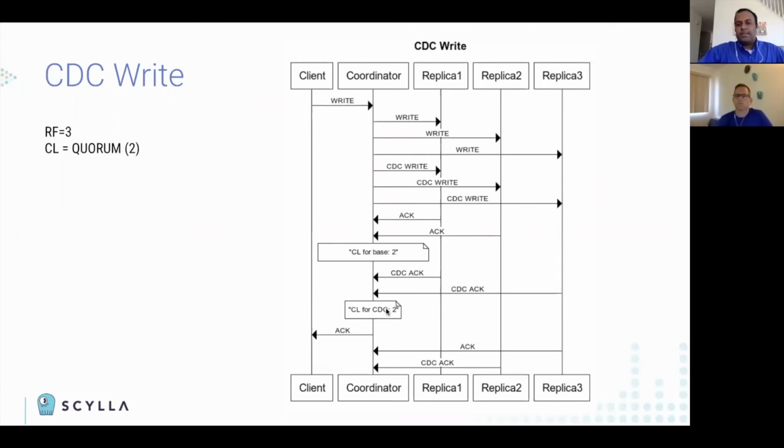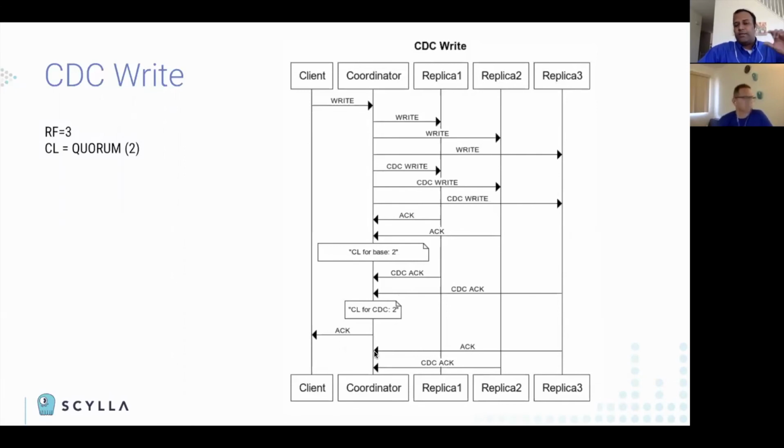And once the CDC log gets consistency level 2, you get an ACK as well to the client. Then the client confirms that both the write into the base table as well as the write into the CDC log table are acknowledged, and then the client moves on to the next record which needs to be inserted.